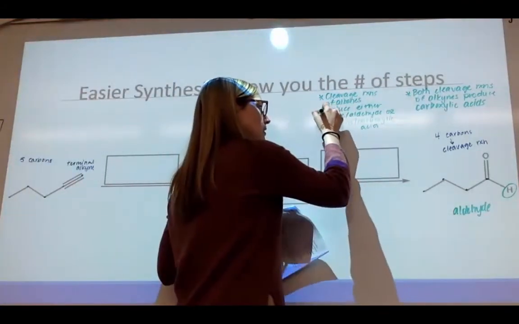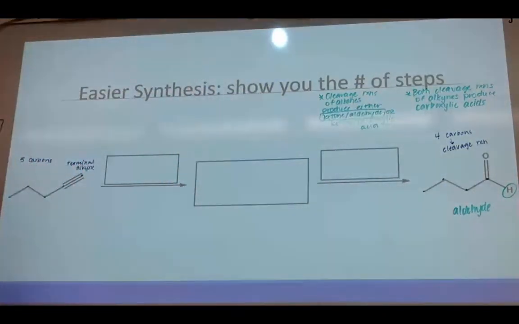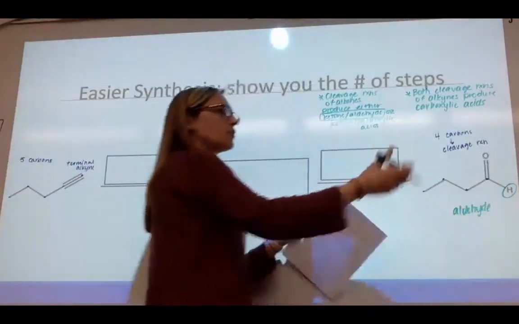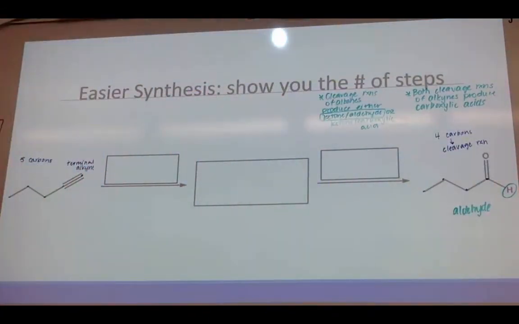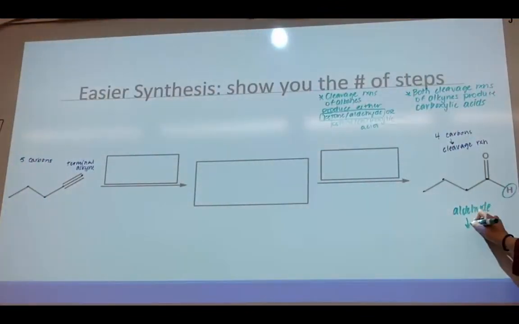There's only one that will produce an aldehyde. Now, this is only showing one of the products. There's going to be another one, but they don't have to show us both. But we know that this is an aldehyde, which means this was cleavage of an alkene.